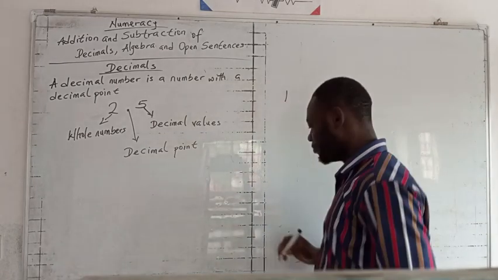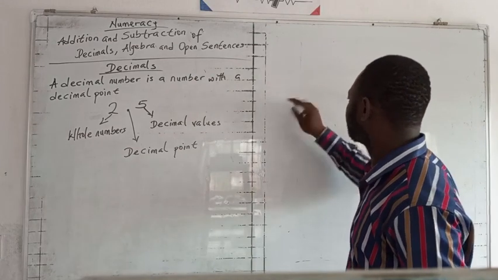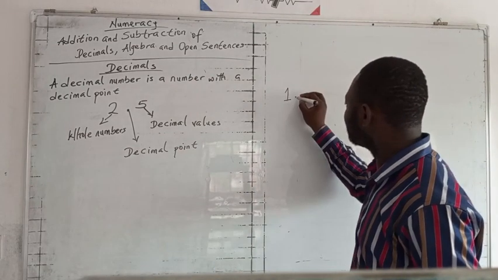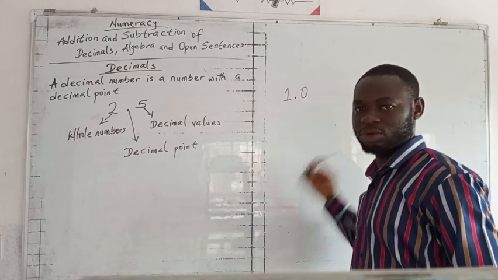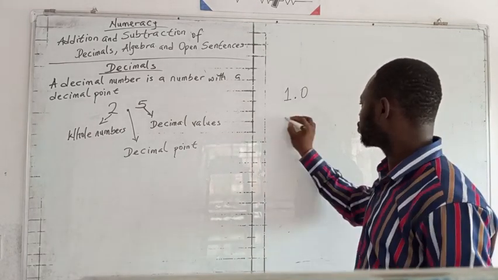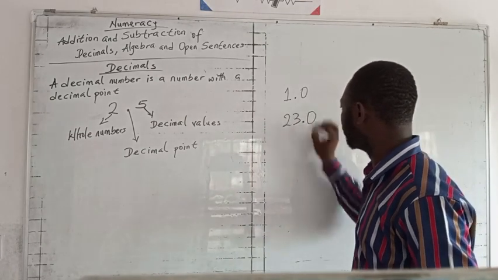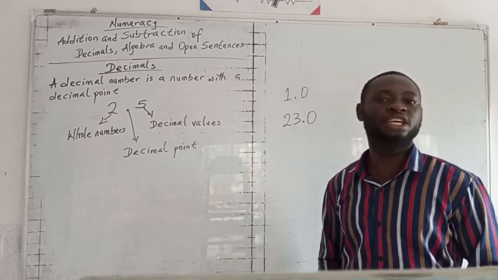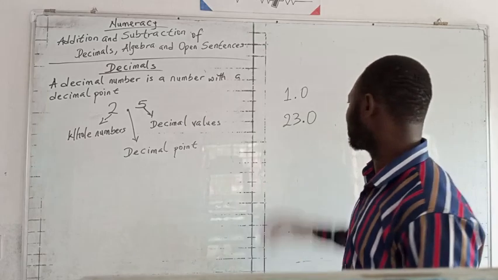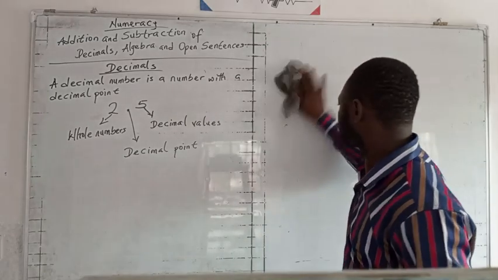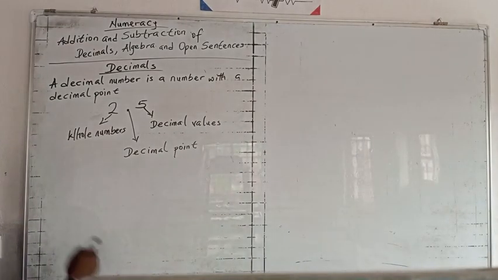One as an example is a decimal number of 1.0. 1 and 1.0 is the same thing. 23 is a whole number. It becomes a decimal number when we add .0, which still means 23. Alright? So let's solve some examples. Okay? So let's say example.